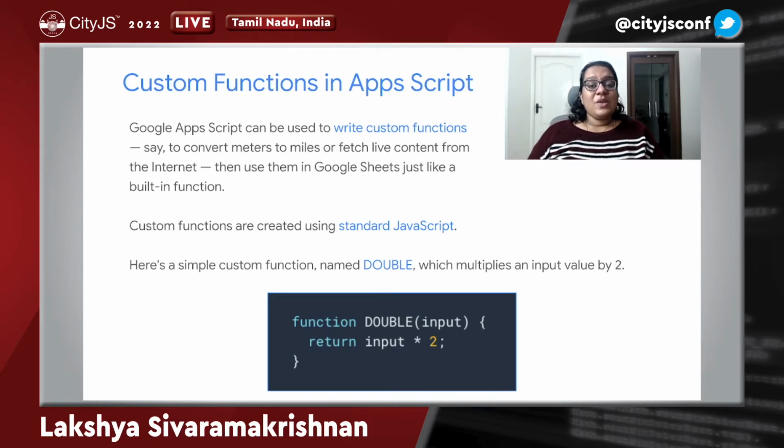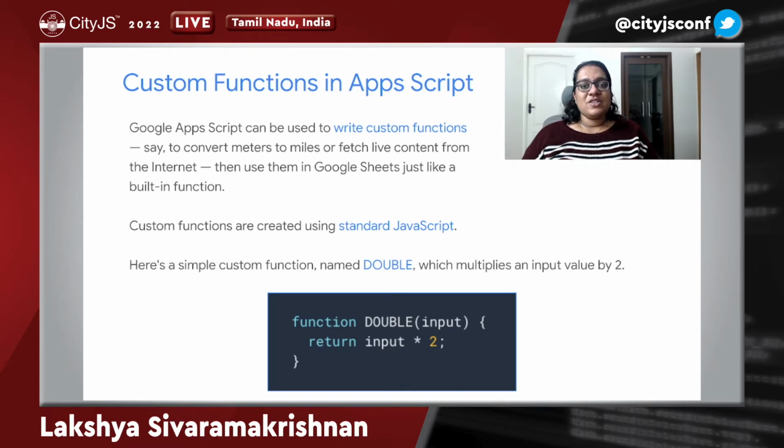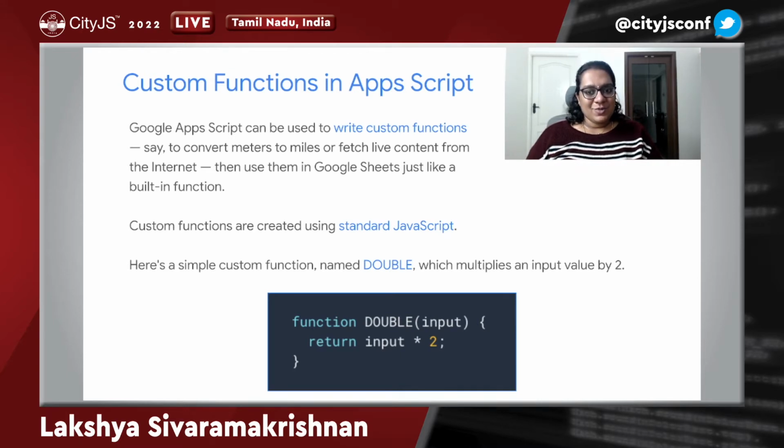Then we can use some of these functions just like any built-in function on Google Sheets. Like I said, custom functions are created using standard JavaScript. And here we'll see a simple custom function called double, which basically multiplies an input value by 2 and displays it, and we can use it just like any built-in function in Sheets.